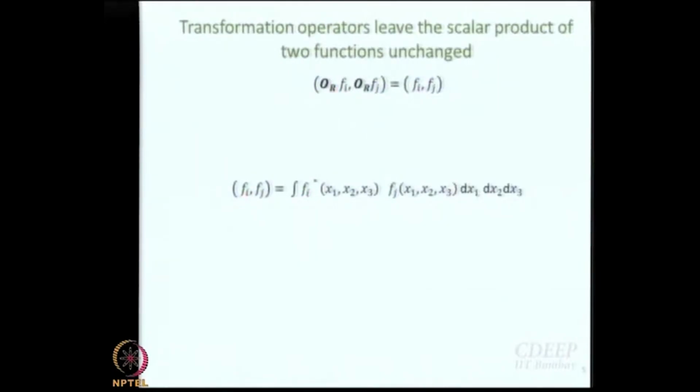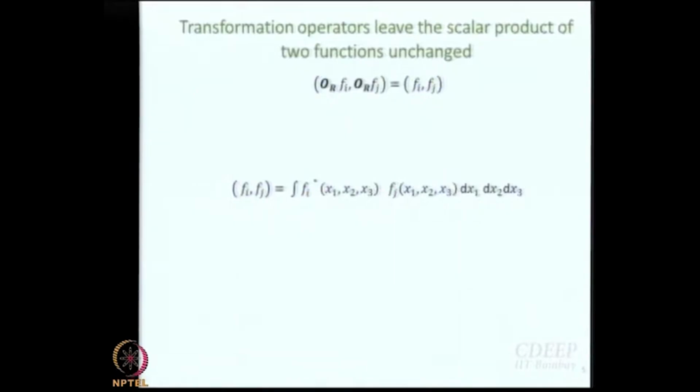In case you do not remember, I have written it here. This is how you write it, Fi comma Fj in brackets, and is defined as integral over all space Fi star Fj. Fi star is a function of say x1, x2, x3, Fj is a function of x1, x2, x3. What are we dealing with here?